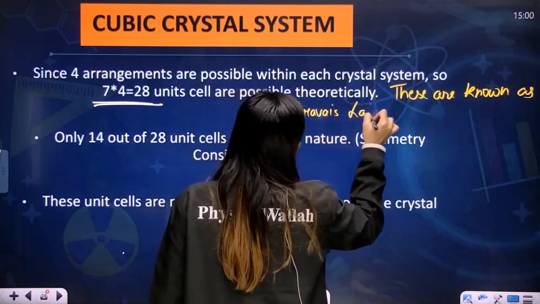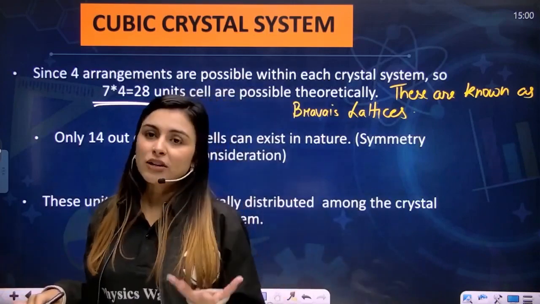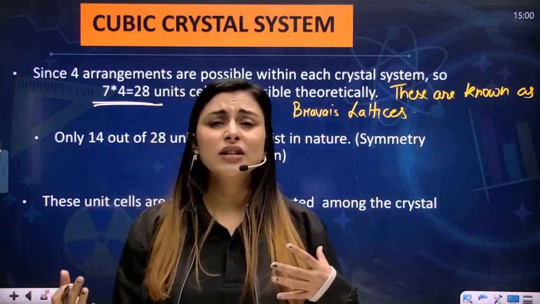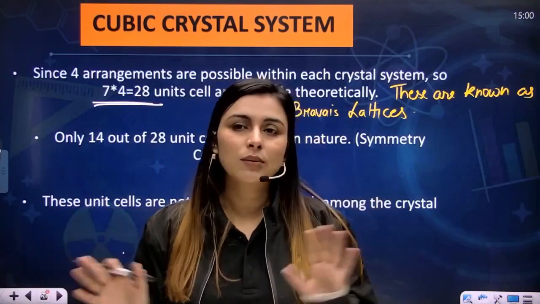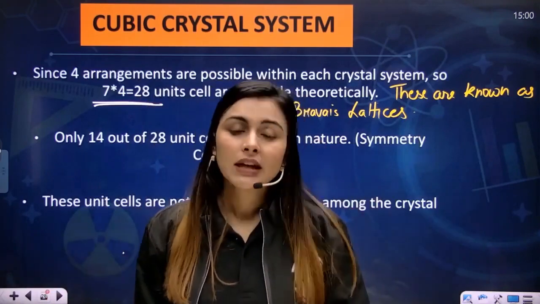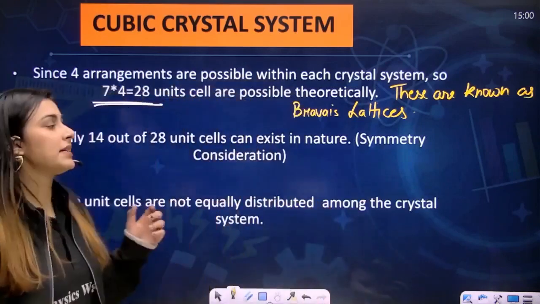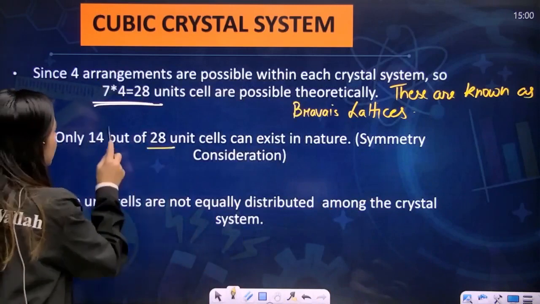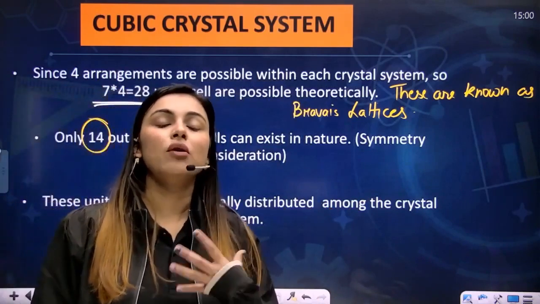Now, since 28 unit cells are too much to handle, what actually happens is our world actually loves symmetry. So all the 28 are not available in the world. They are not present, or we could not find them. We could only say that out of these 28, only 14 unit cells are present because of the symmetry.